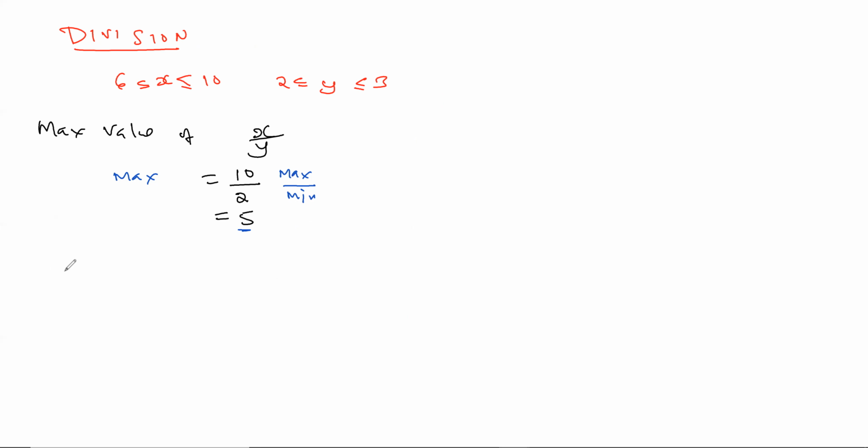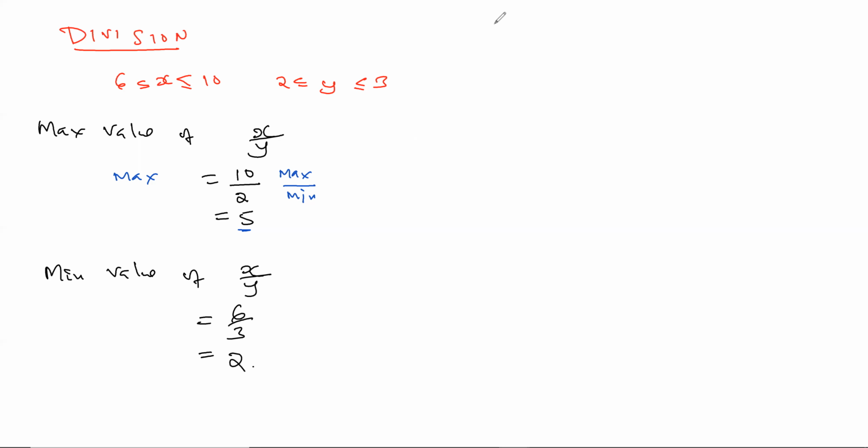Next is the minimum. Minimum value of x over y. So if I want to get the minimum value, which numbers will I take? Just like in the other case, I'll have to go for 6 divided by 3. That is the smallest I can get. Try any others. There is no answer which will give you a smaller value than this. And in this case, it is supposed to be 2.